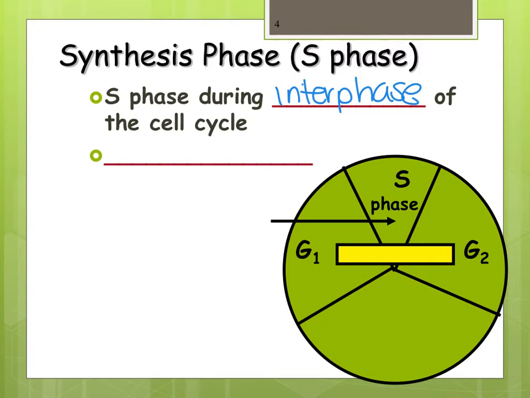Well, what are we doing in the S phase? We're copying DNA, making copies of the DNA. In a eukaryotic cell, where do you keep that DNA? In the nucleus. So it would take place in the nucleus of eukaryotes.